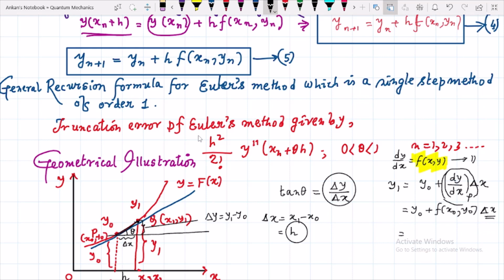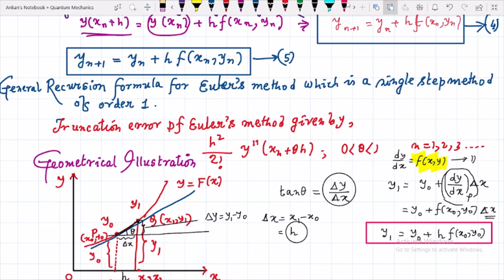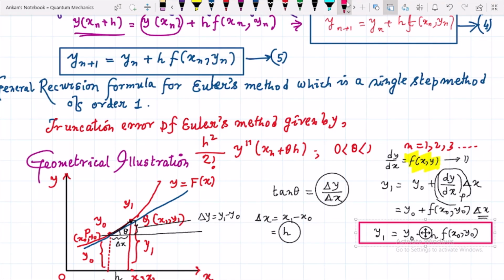So you can write y1 is y0 plus h f(x0, y0).